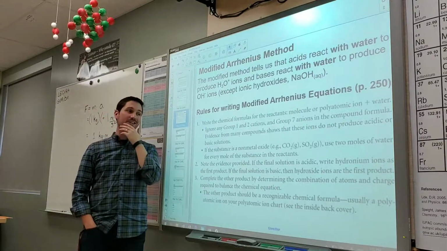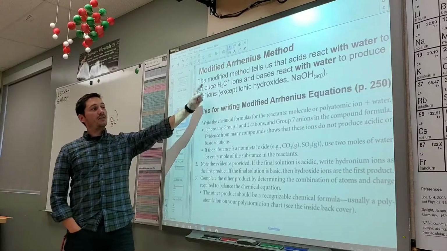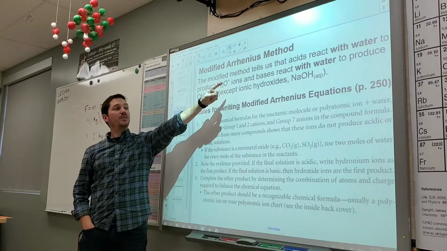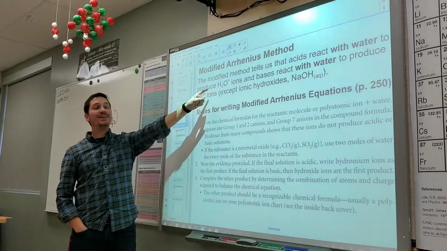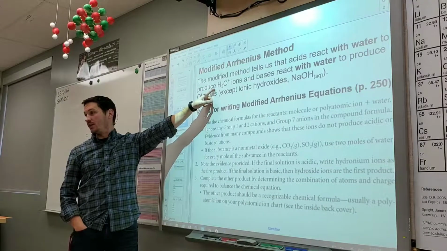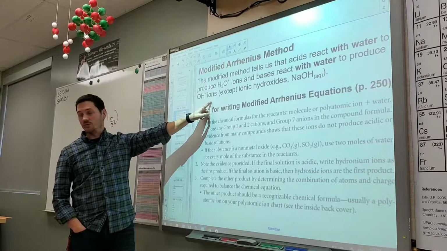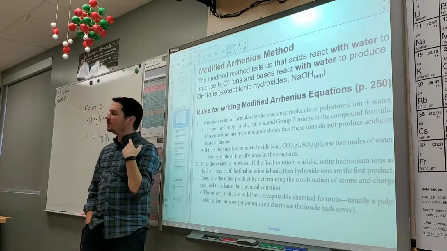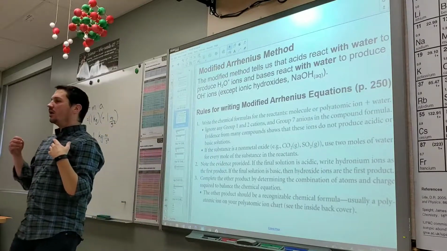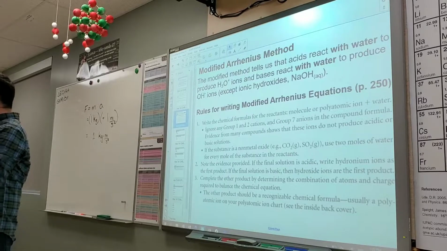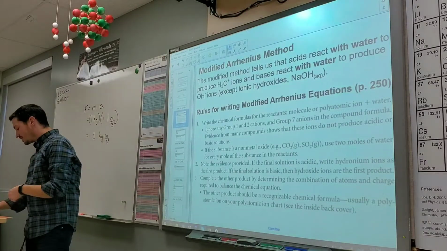out these Arrhenius equations. Okay, the modified method, this is nothing new, tells us that acids react with water to produce hydronium, right? Bases react with water to produce hydroxide. So all we have to do is ask ourselves, is the solution actually acidic or basic?